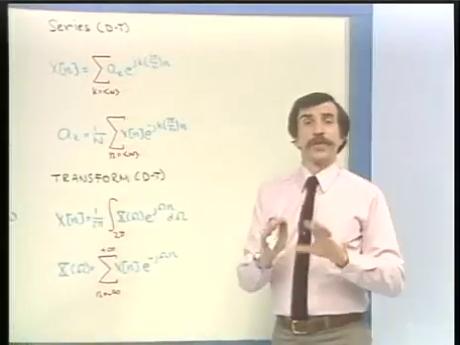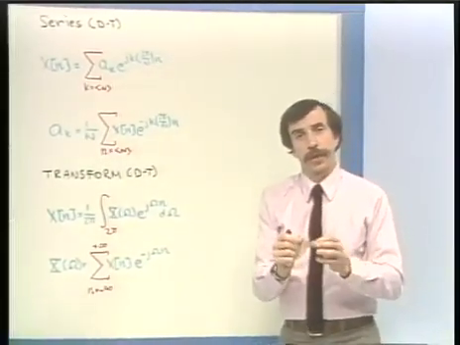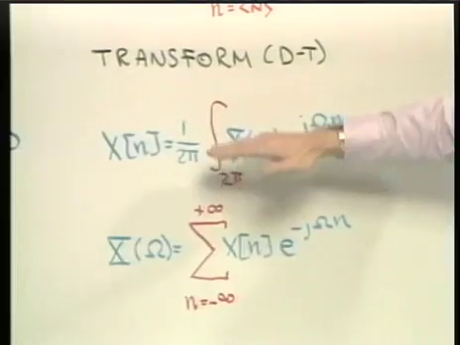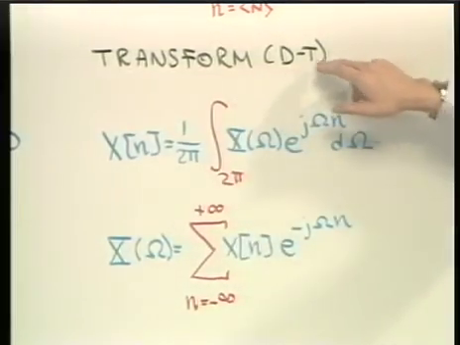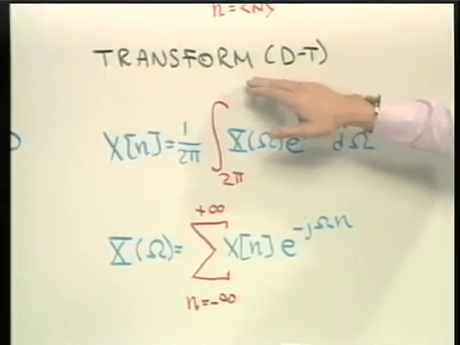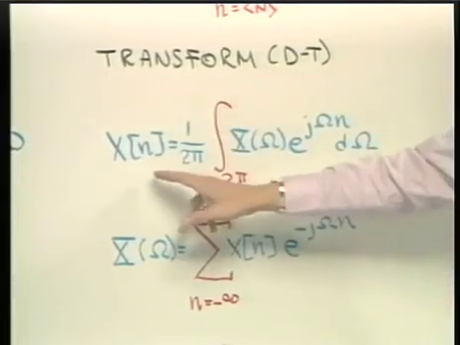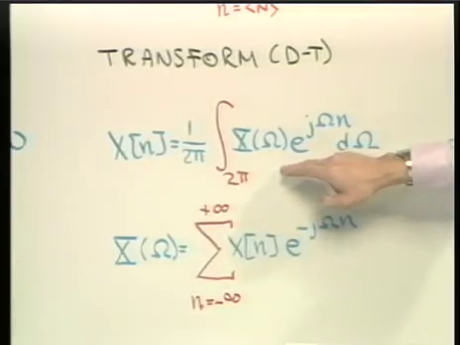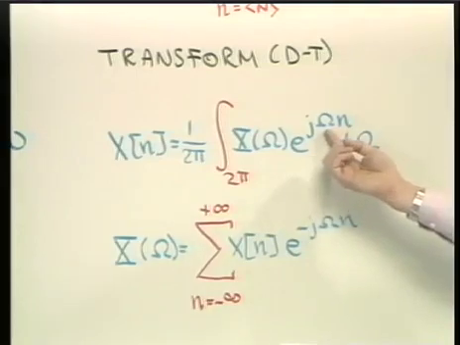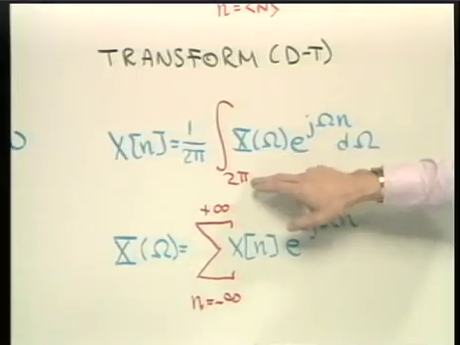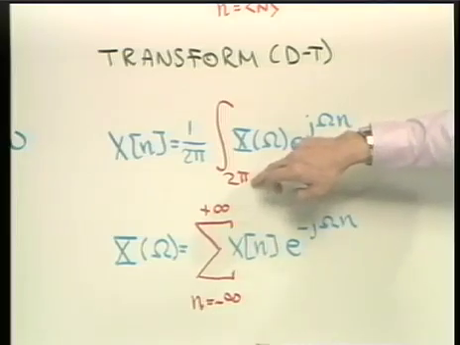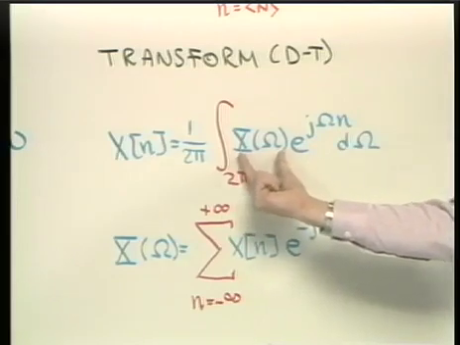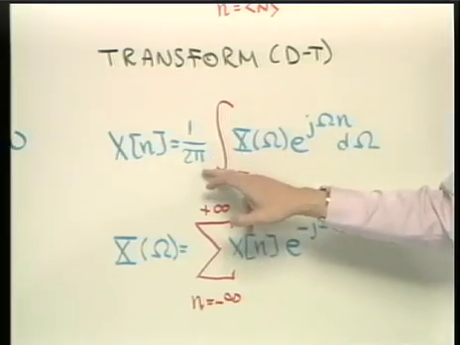We then used an argument similar to the continuous time case for going from periodic time functions to aperiodic time functions, and we ended up with a relationship describing a representation for aperiodic discrete time signals in which the synthesis equation went from a summation to an integration, since the frequencies are now infinitesimally close, involving frequencies only over a 2 pi interval, and for which the amplitude factor is X(omega) d omega divided by 2 pi.